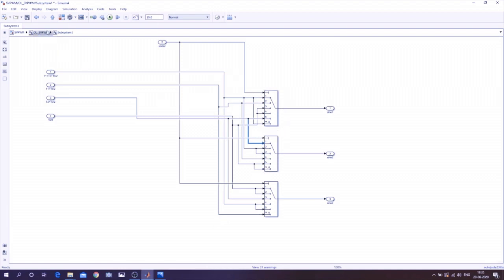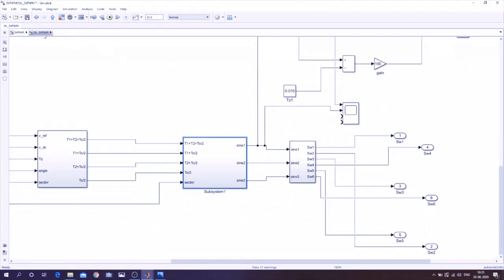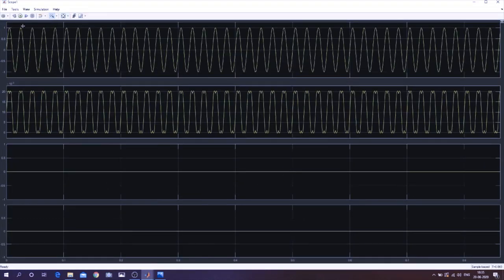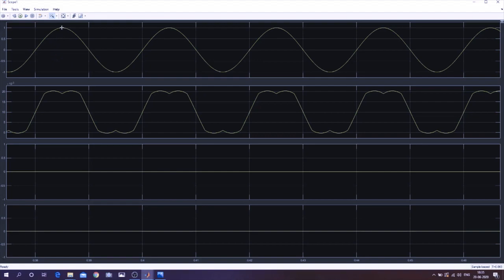We have done this one and then assembled. So let us see. You see our sine wave was of magnitude plus 1 to minus 1, and we are getting a sine wave of this quality. Okay, it is exactly matching with the literature.